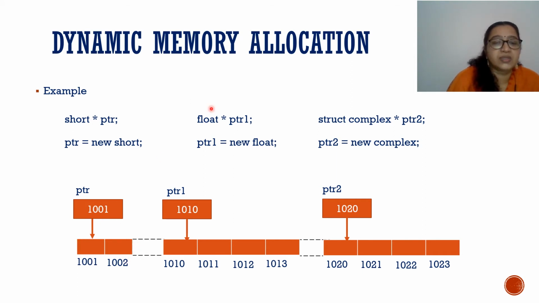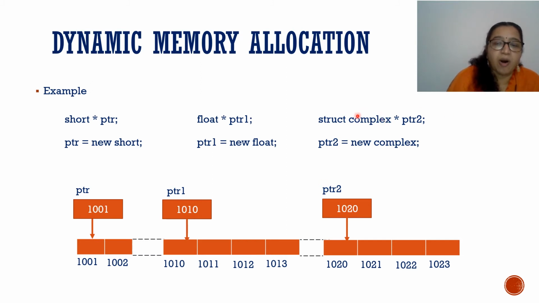Clear now? Same like for the float, PTR1 is equal to new float. So PTR1 is here now, and for the float we will get 4 bytes. So we took a 4 byte space for this float, and there is no name for this allocation, but PTR1 is holding the base address of this one. So through PTR1 only we can access the values of this. Clear?